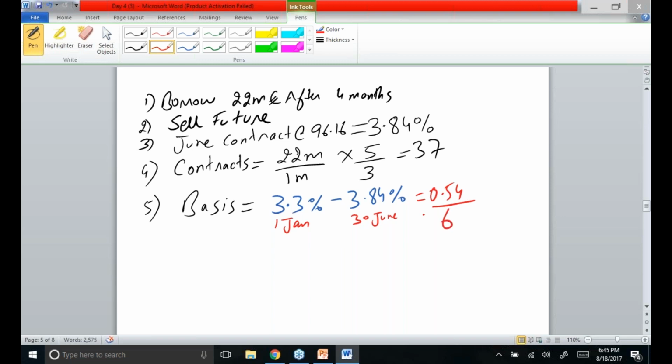But you are not going till 30th June. You will definitely take your loan on 1st May. So 1st May is 2 months before the 30th June. So the remaining months are 2. So that means remaining basis is 0.8.